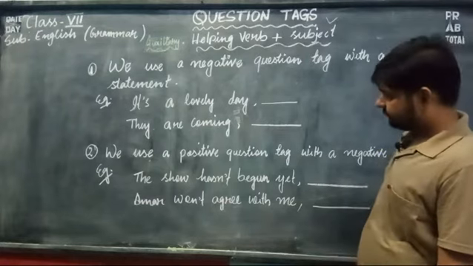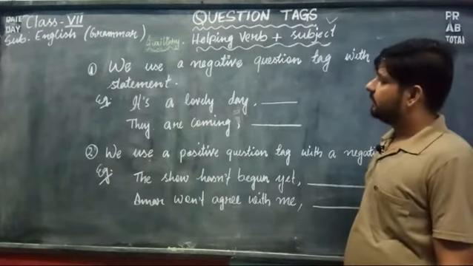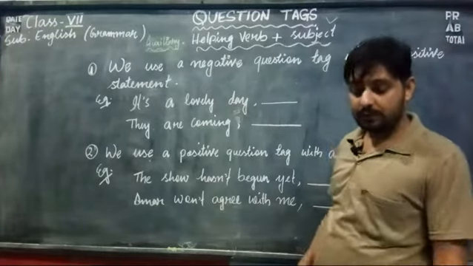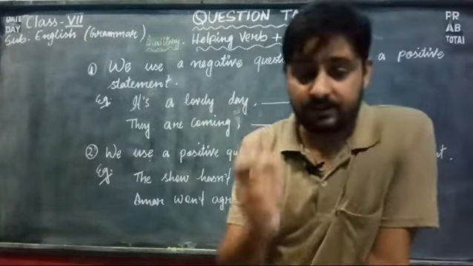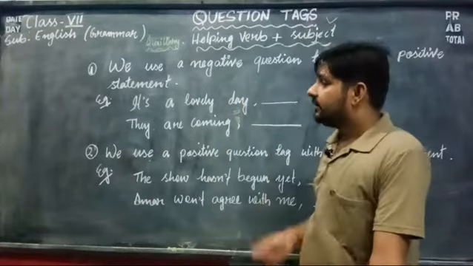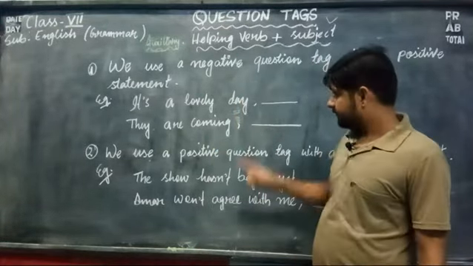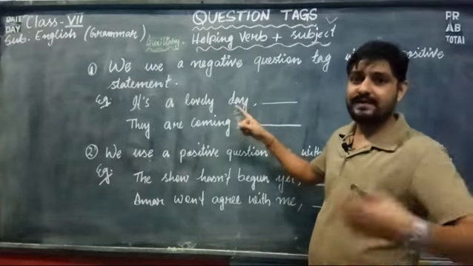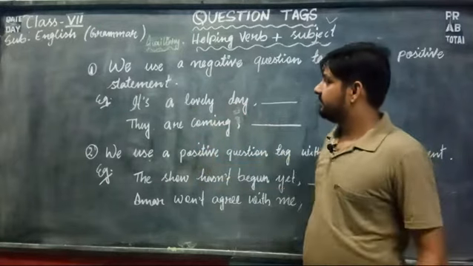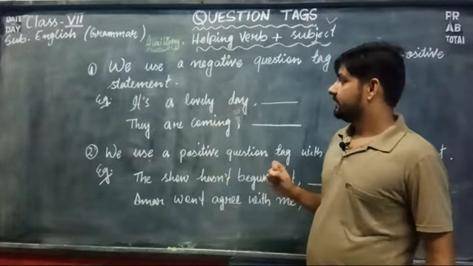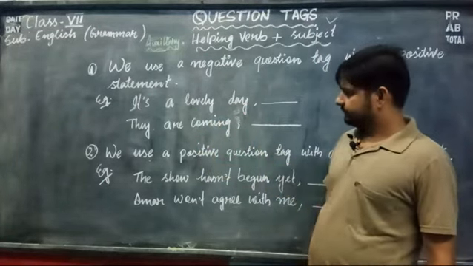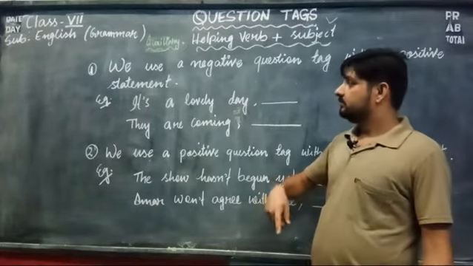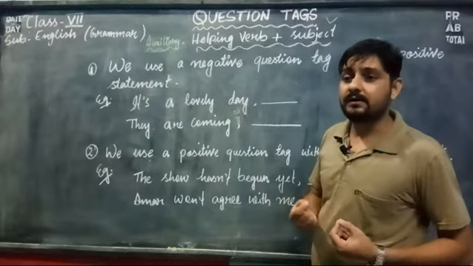So there are two points that you must remember here. Two points which are very, very important while putting a question tag at the end of a statement. Generally we expect something, yes or no? Here one example is given: it's a lovely day. At the end we expect that the person should agree with the statement we have spoken.